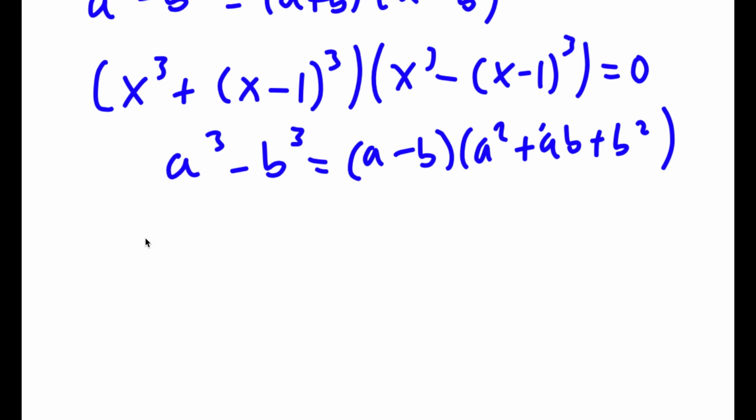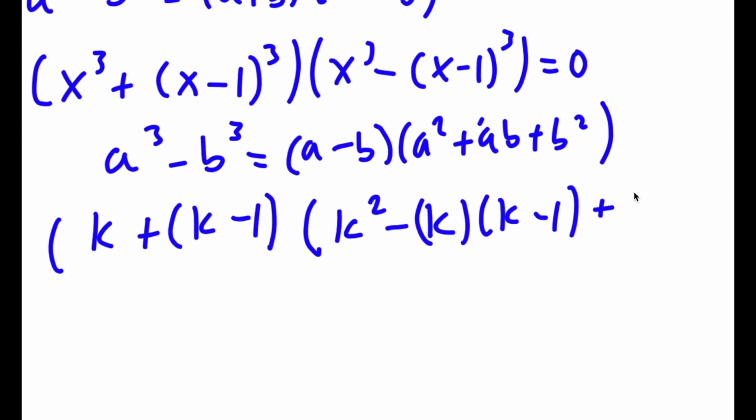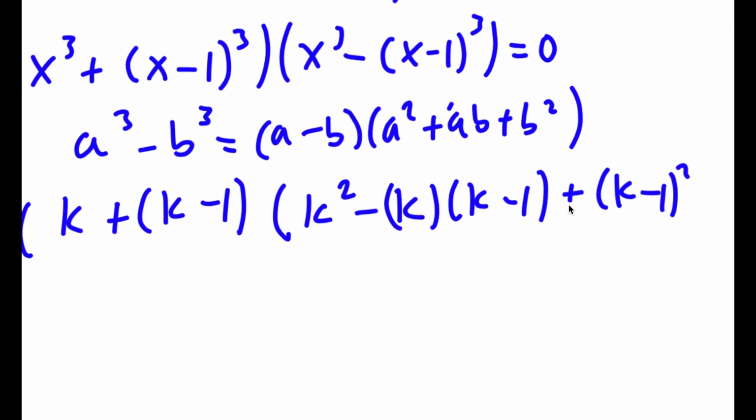So this is going to equal (x plus x minus 1) times (x squared minus x times (x minus 1) plus (x minus 1) squared). Sorry, this is actually supposed to be x, but yeah.